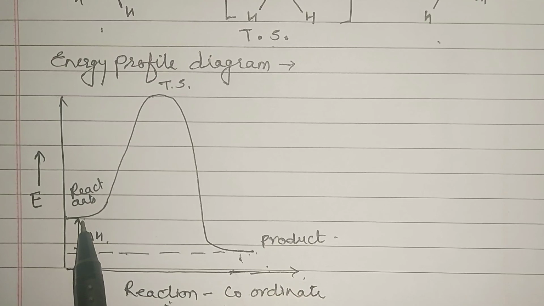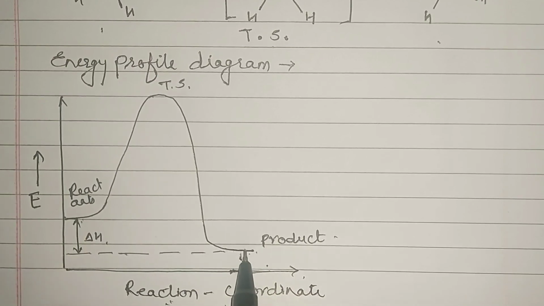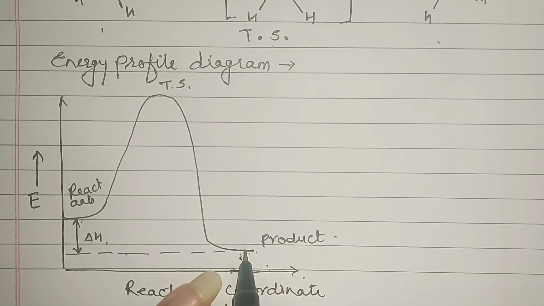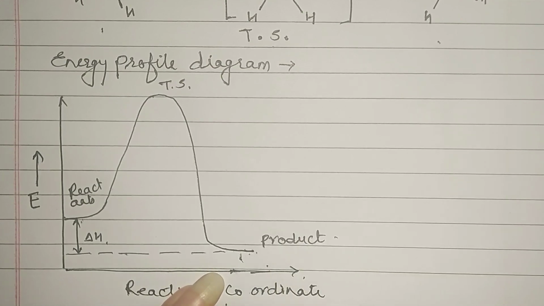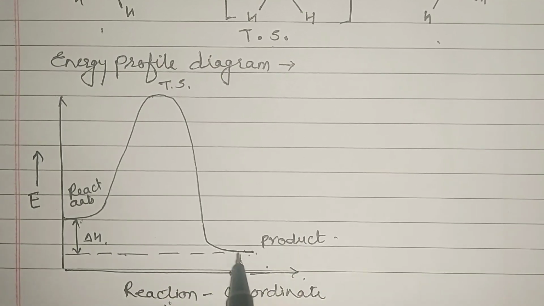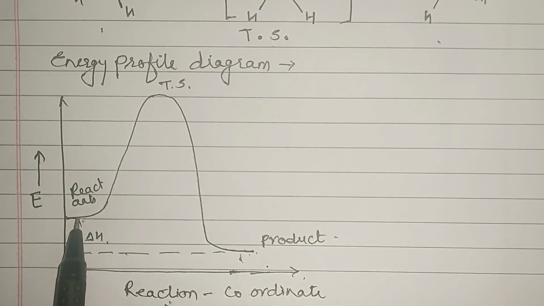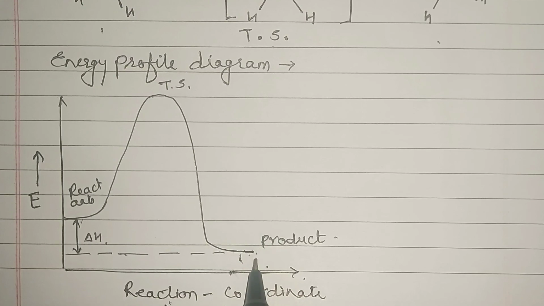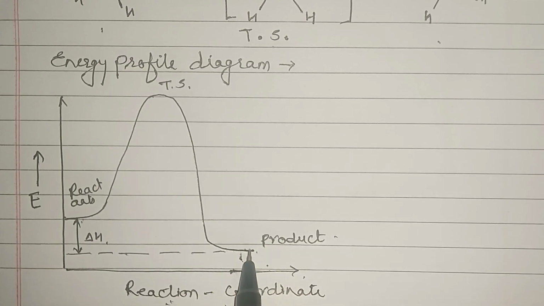Products are at a lower energy level, and always remember that when higher energy level reactants are converted into lower energy level product, the reaction is good and it occurs very easily.